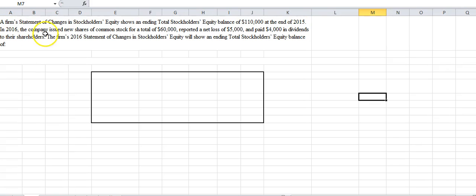In 2016, the company issued new shares of common stock of $60,000, reported a net loss of $5,000, and paid $4,000 in dividends to their shareholders. The firm's 2016 statement of changes in stockholders' equity will show an ending stockholders' equity balance of, okay, so there's two main formulas that we have to remember.